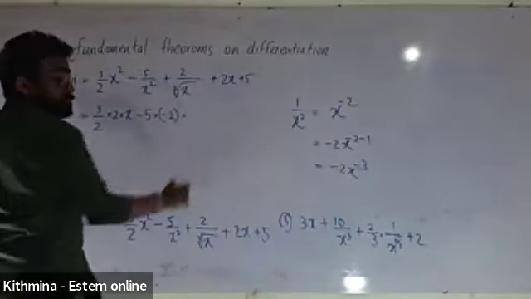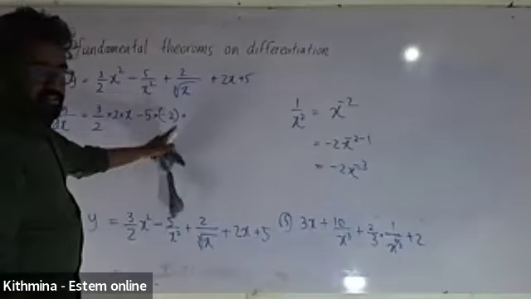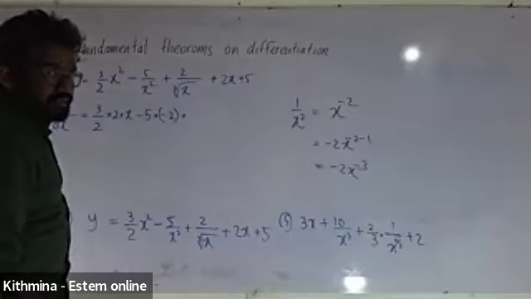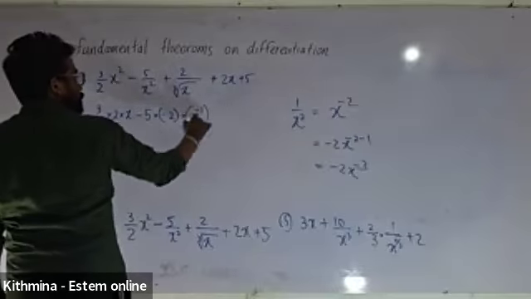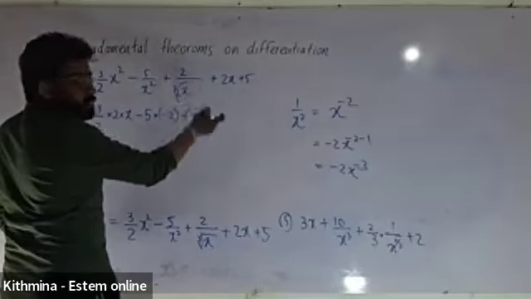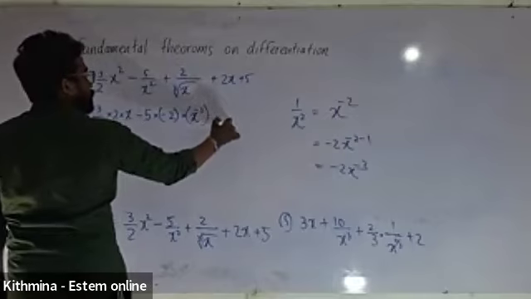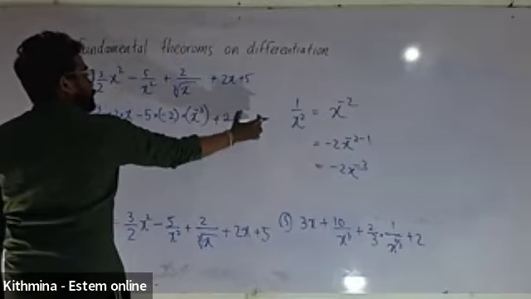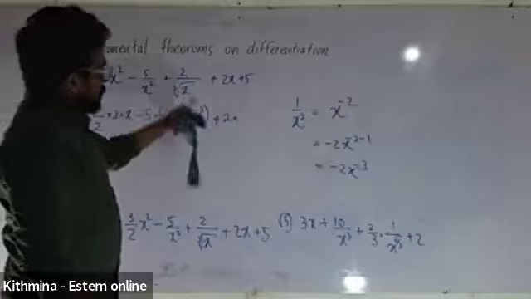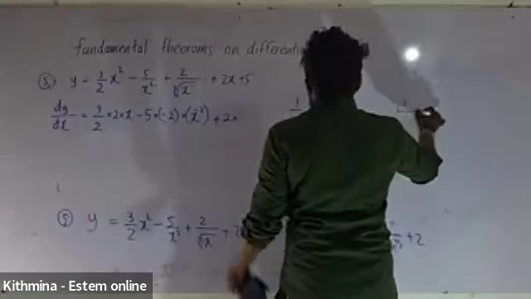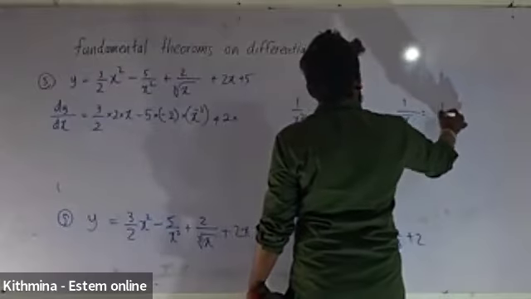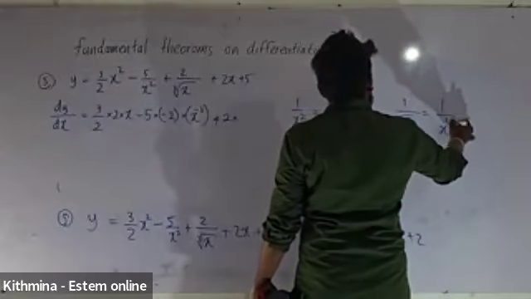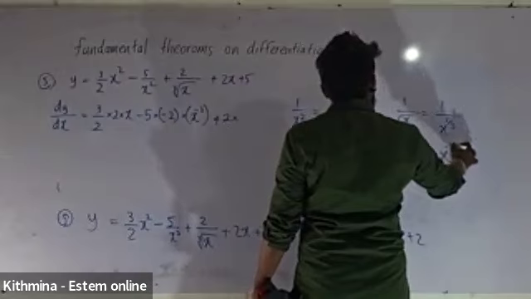Minus 2. Please see how I handle the numbers. Minus 2, x to the power minus 3. The bracket usage plus 2 into 1 over this. Very easy.